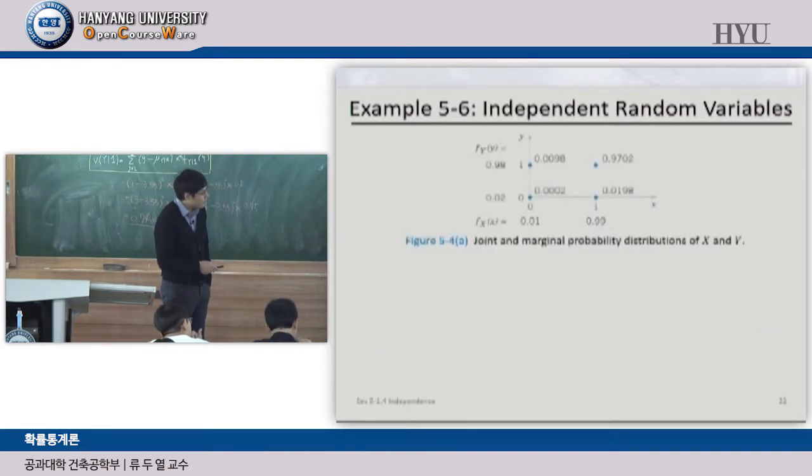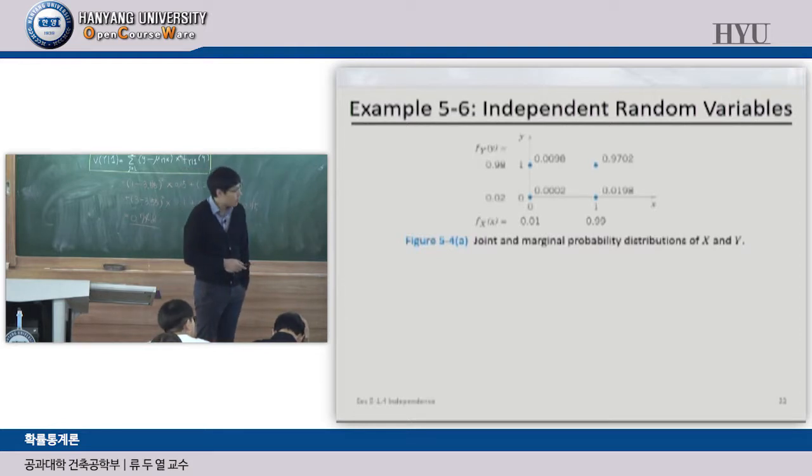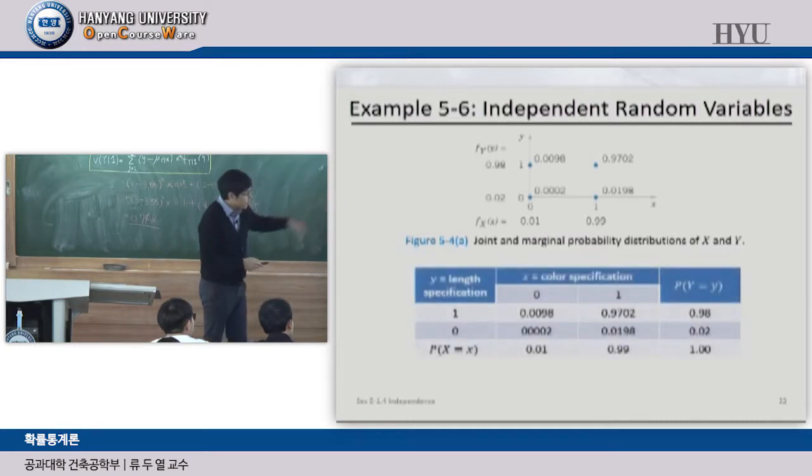And this is the figure, expressing the joint and marginal probability distributions of X and Y. These are the discrete random variables X and Y. These points indicate the joint probability mass functions, and these two values and these two values indicate the marginal probability mass functions of Y and X. Based on this figure, we can also use this table, which we have already learned.